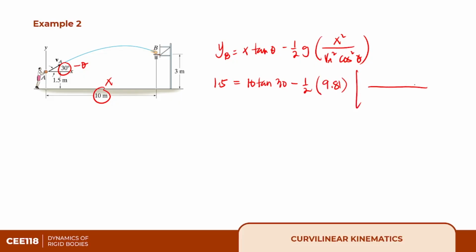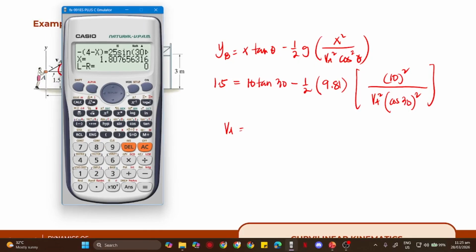Then we have x, x is 10 squared. Then the velocity is what we are looking for. Then cosine 30, then square that. Right? We can shift solve this, or you can just do algebra, although the algebra is easy. So 1.5 is equal to 10 tangent 30 minus 0.5 times 9.81 over 10 squared over the velocity squared, which is what we are looking for.